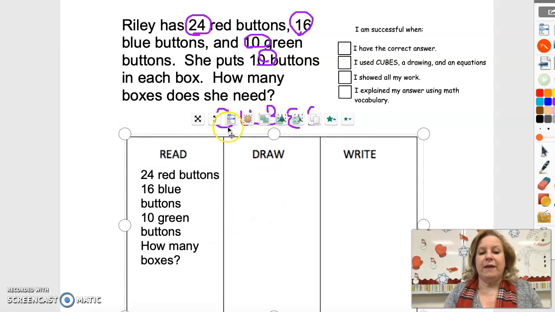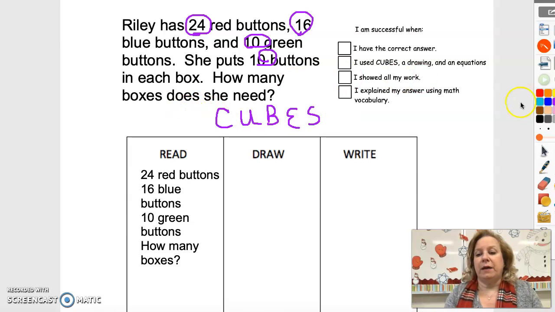All right, so once I have that information, I've circled my numbers. I've underlined my question and I wrote my question in my read, draw, write because I want to make sure that I'm looking at what my question is.